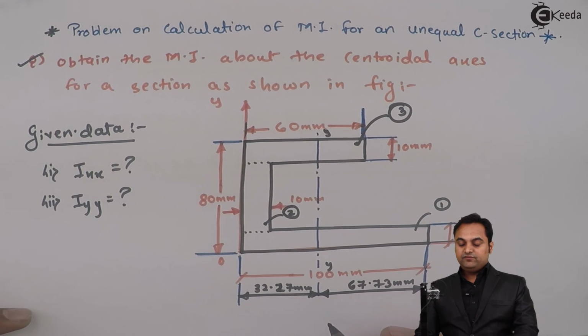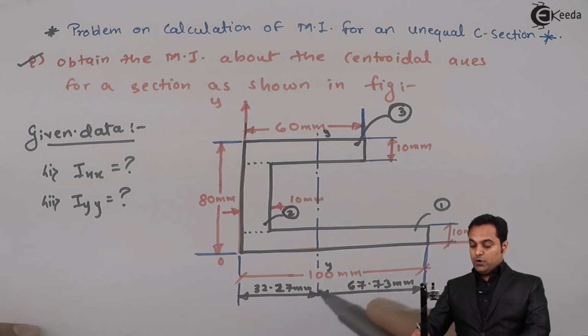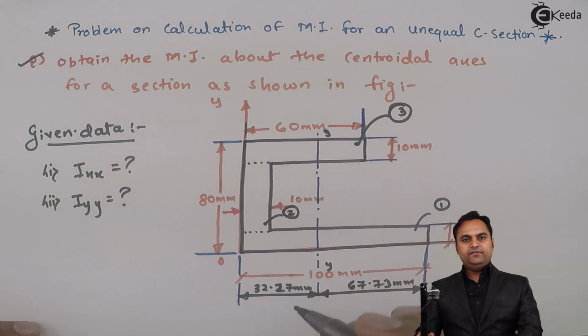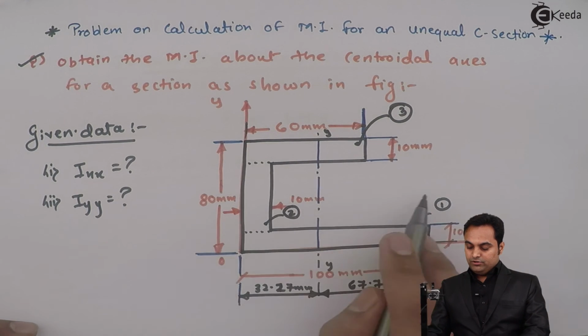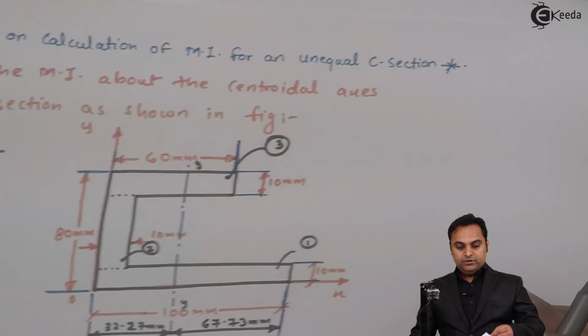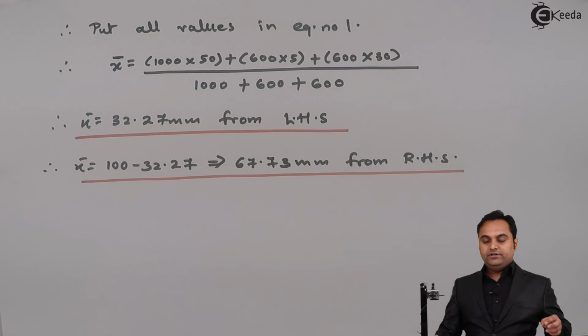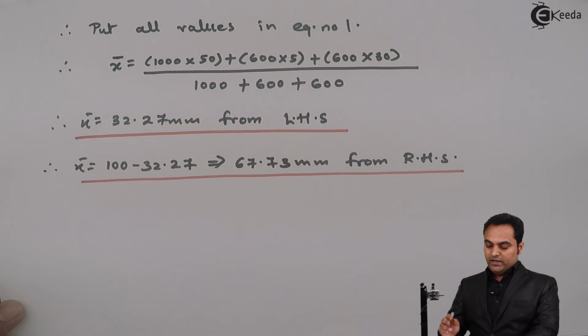Now similarly we have to find the x-axis, because on y-axis as we know there will be centroid, but at which point, for that we need x-axis, because that will give us the location of centroid. So similarly as we have calculated x bar, now we will calculate y bar.